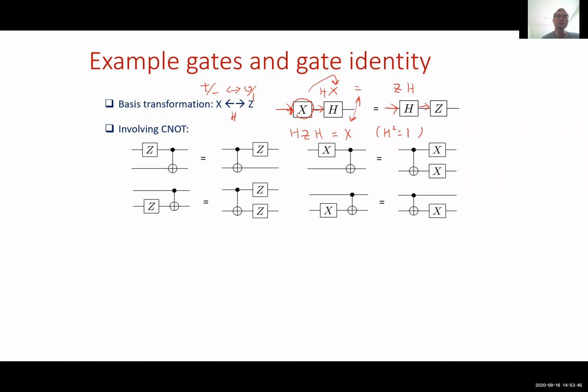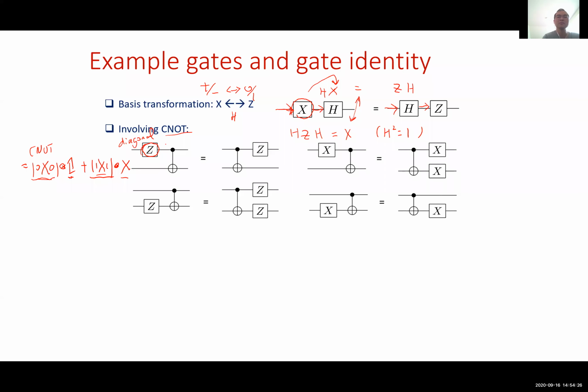For example, one that includes CNOT. Let me just write out what it means in terms of mathematics. If the first bit is 0, you do identity on the second. If the first bit is 1, you do X on the second bit. Because Z is diagonal in this 0, 1 basis, it commutes with the control.